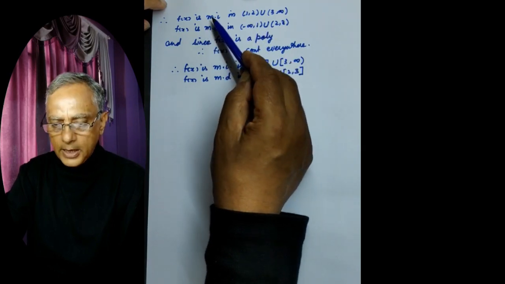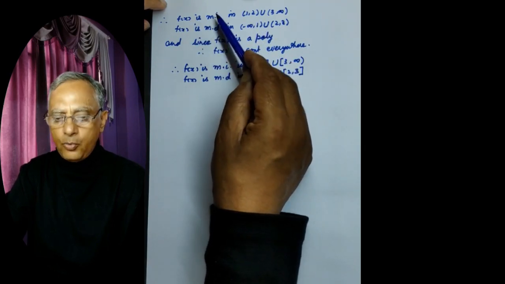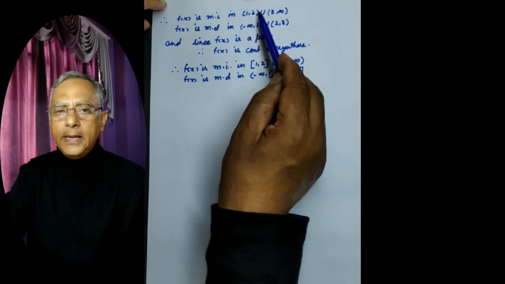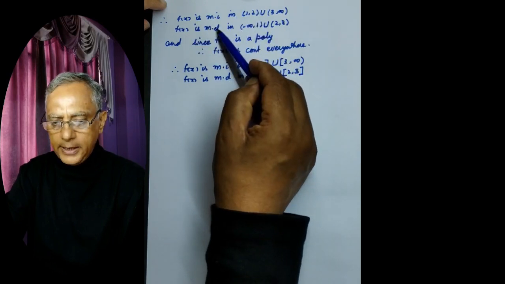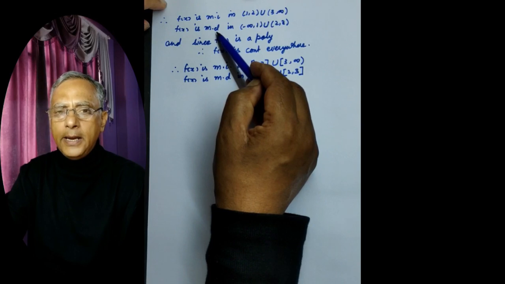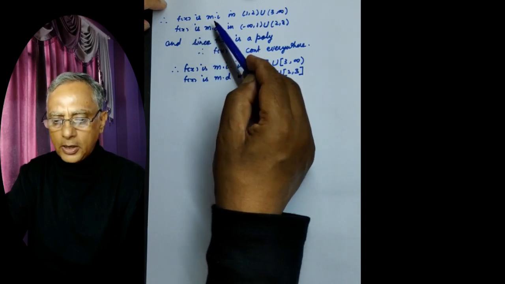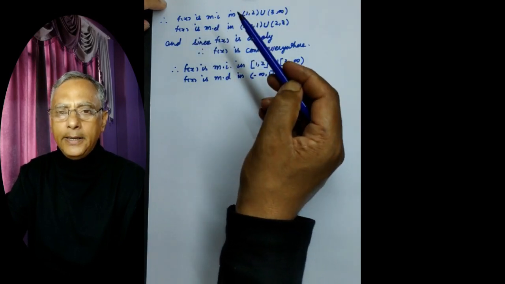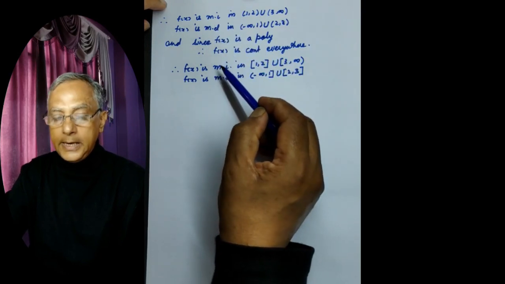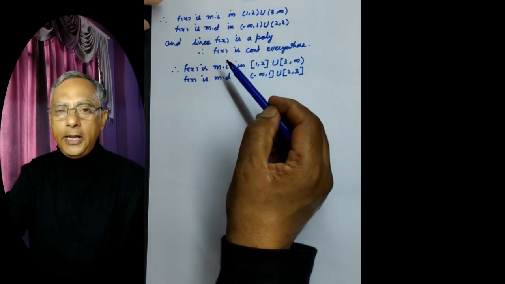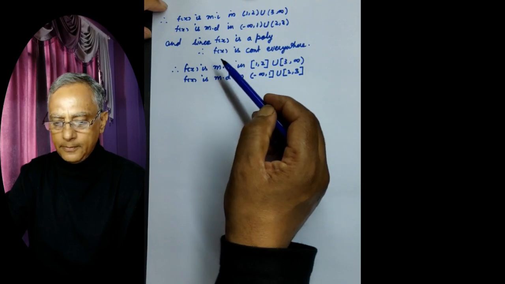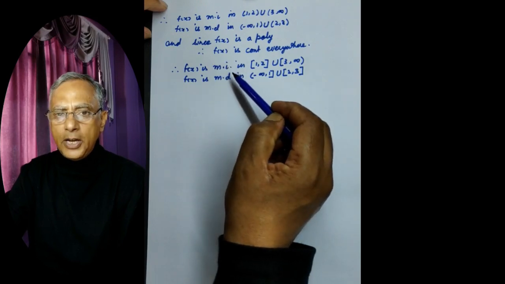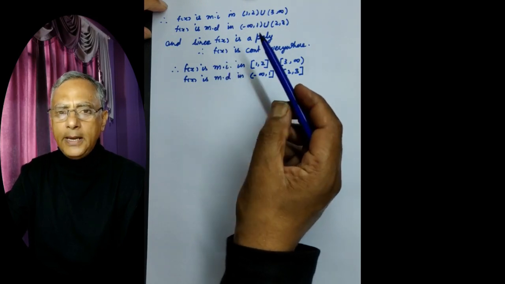And we know a strictly monotonically increasing function is also monotonically increasing. A strictly monotonically decreasing function is also monotonically decreasing. So we can write monotonically increasing and monotonically decreasing. But a monotonically increasing function may not be strictly monotonically increasing. And monotonically decreasing function may not be strictly monotonically decreasing.